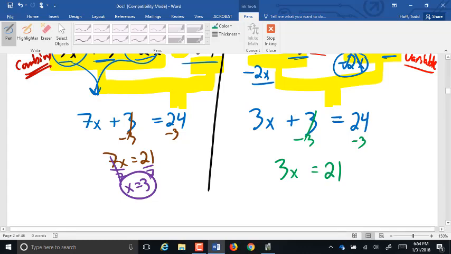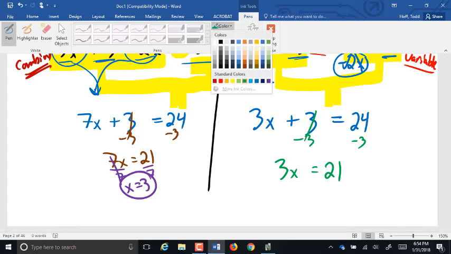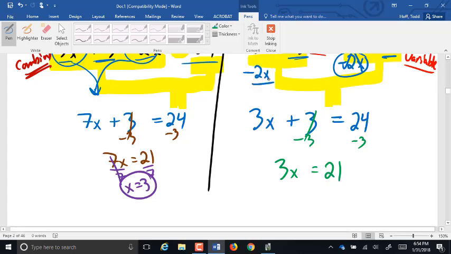So now we have 3x equals 21. What do we do next? Divide by 3. X equals 7.